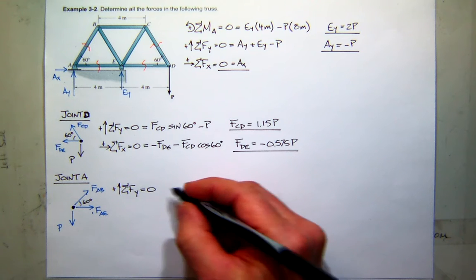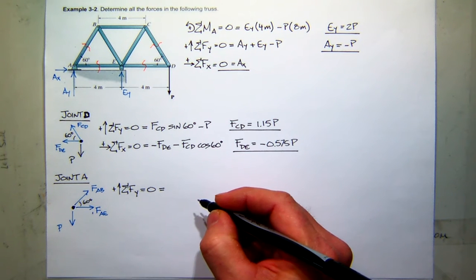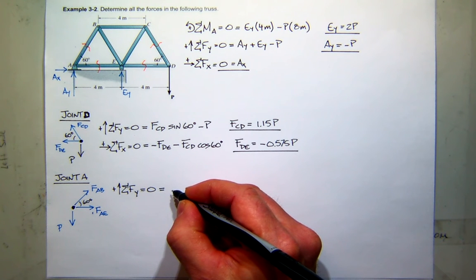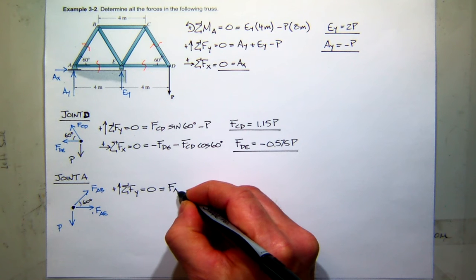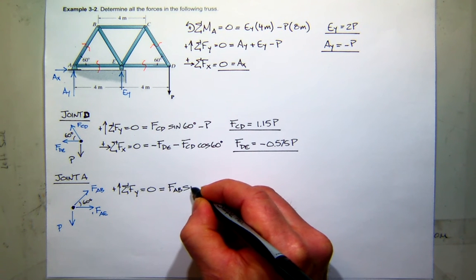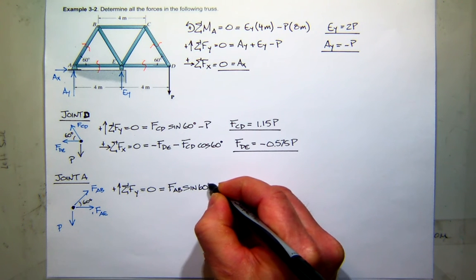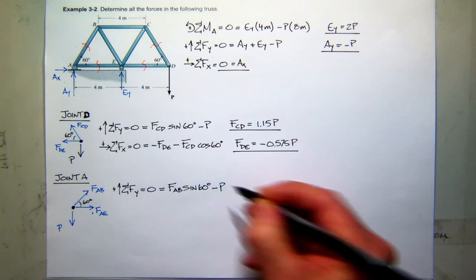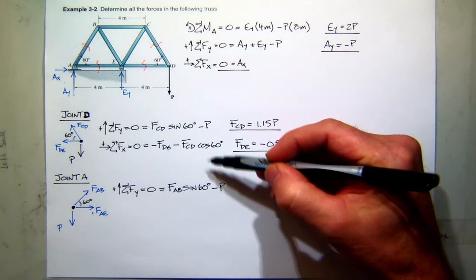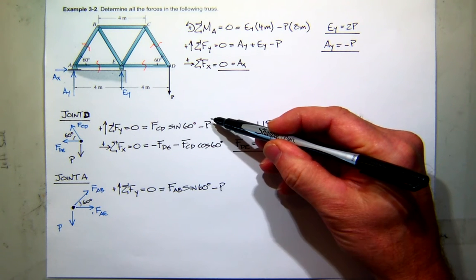Mr. Deaton, do that for me. AB times sine 60. Is that positive or negative? Positive. Right. So F_AB sine 60, that's acting up, minus P. Look at these two equations. They're pretty much the same.